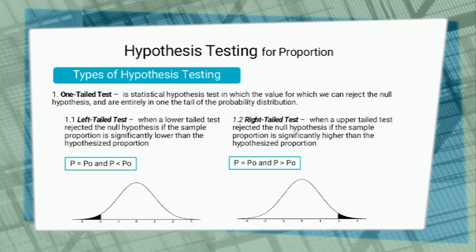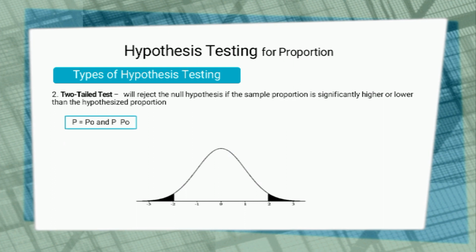So, pag sinabing left-tailed, less than or lower. Pag sinabing right-tailed, upper, higher, or greater. So, from the word itself na makikita nyo, pag left-tailed test, syempre nasa kaliwa, nasa left, yung buntot na may shade. Right-tailed test naman, kapag nasa kanan, yung buntot na may shade.